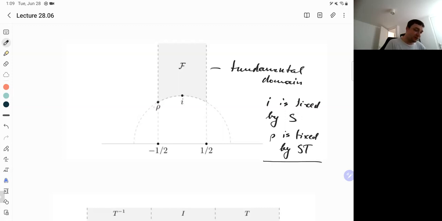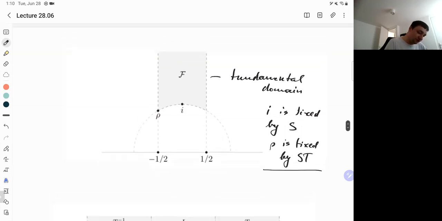So the stabilizers are of order 2 and 3. Because of this fact, many statements become more complicated, because not all points in the upper half plane are the same with respect to the action. So for some of them you have to add a weight of 1/2 or 1/3.